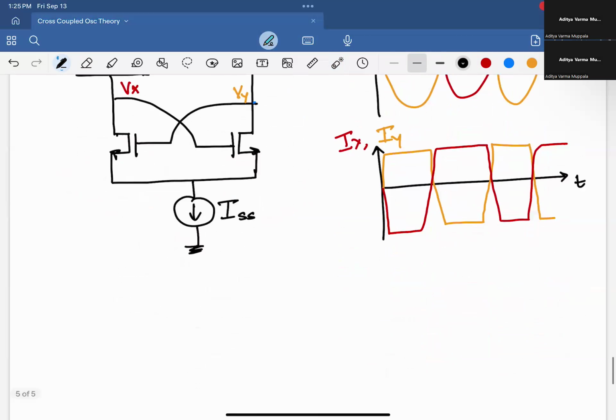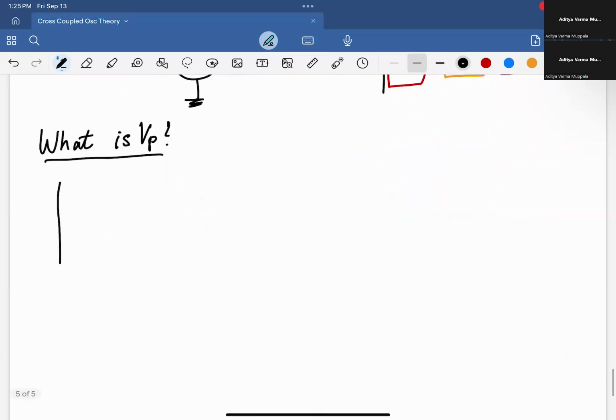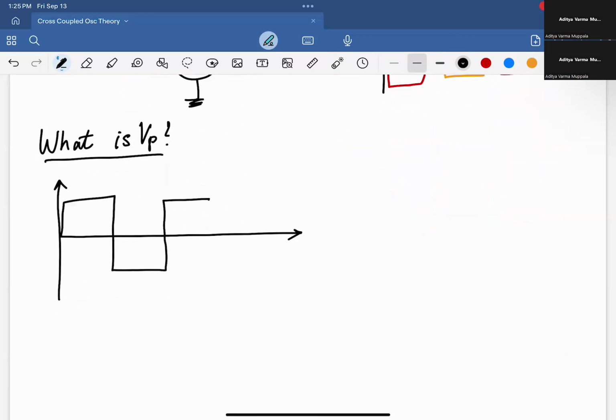Now we want to make it a little bit more quantitative. So we want to say, okay, what is this V peak value, right? And let's assume this current is a proper square wave. So if I have a square wave like this, that goes from +1 volts to -1 volts, then you can actually show that the fundamental component of this would have a slightly higher amplitude, right?